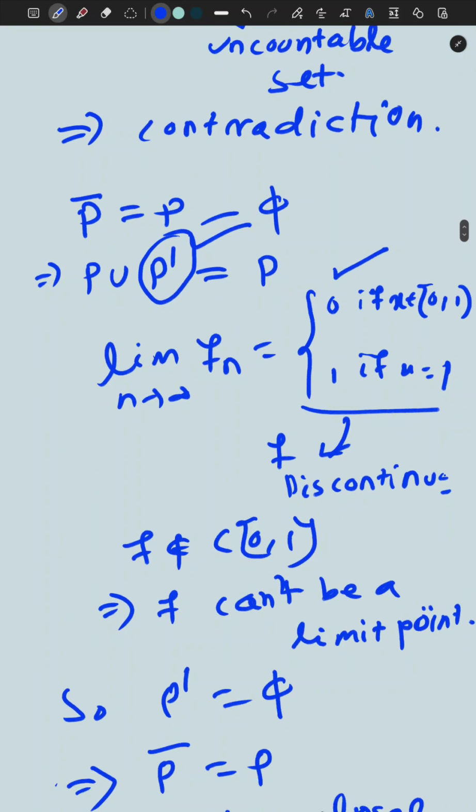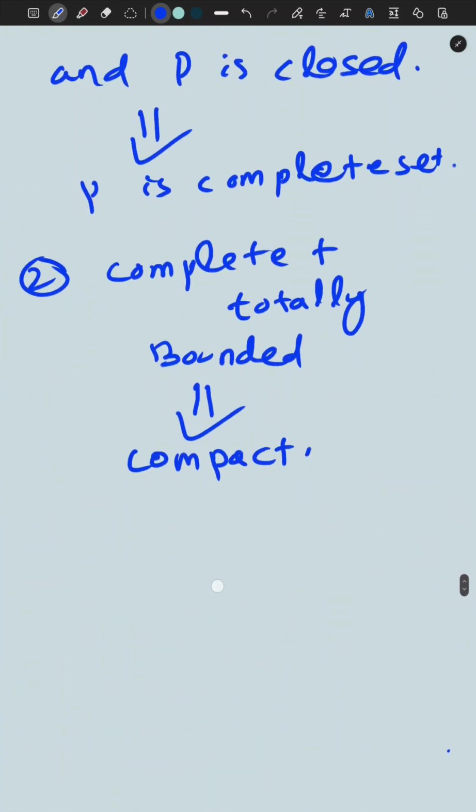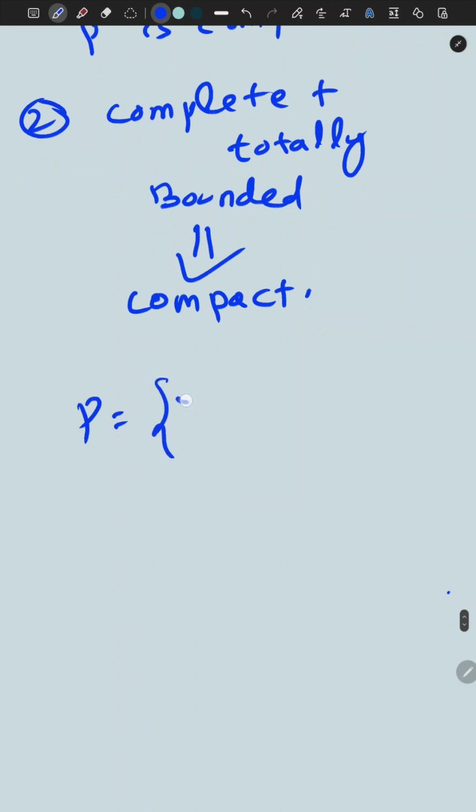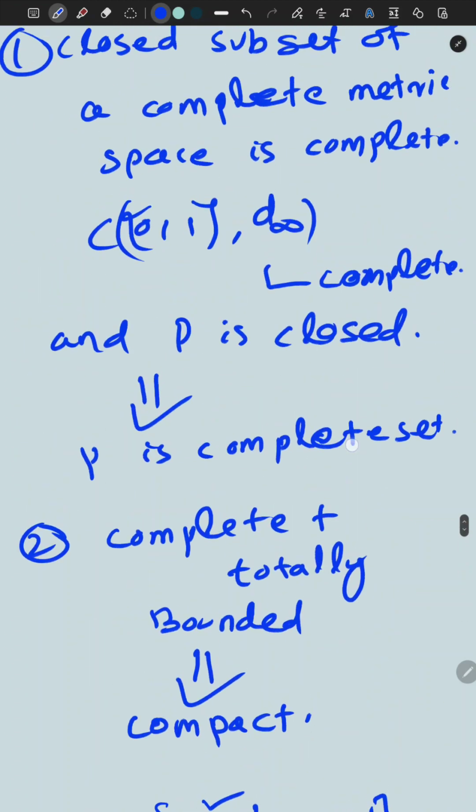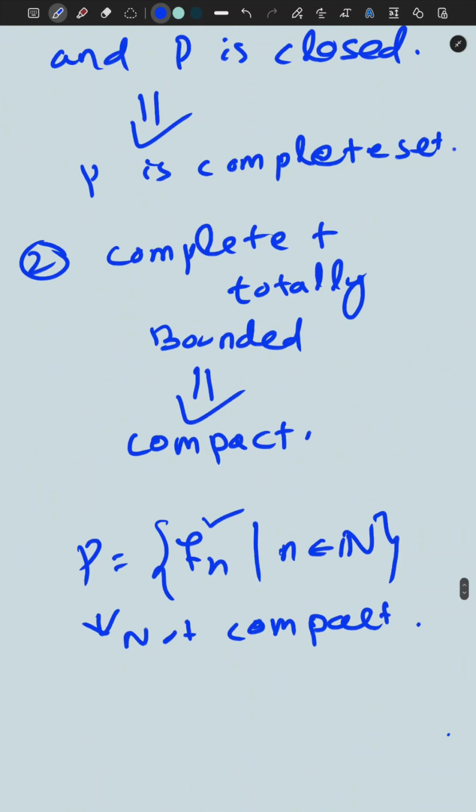P equals {f_n : n belongs to N}. This set is not compact because a compact set means that any sequence in that set should have a convergent subsequence. But here the sequence f_n has no convergent subsequence because the limit is a discontinuous function. The limit does not lie in our space, so it has no convergent subsequence. So our set P is not compact.